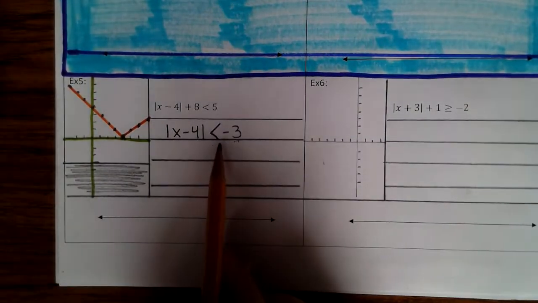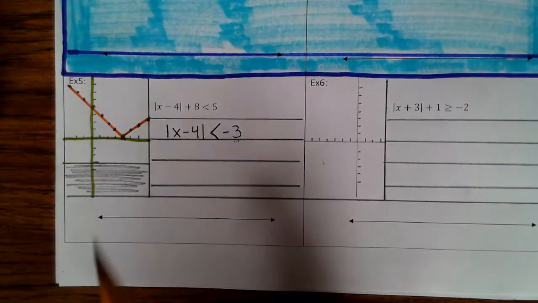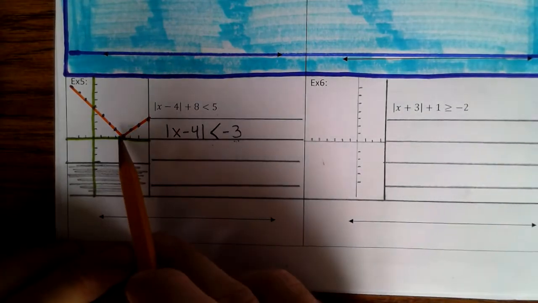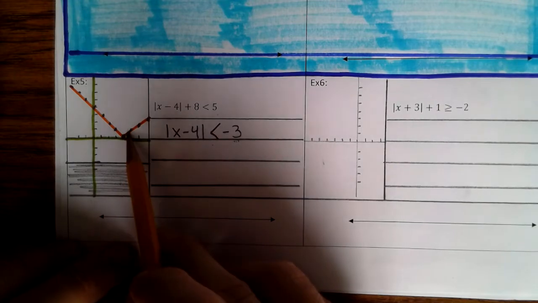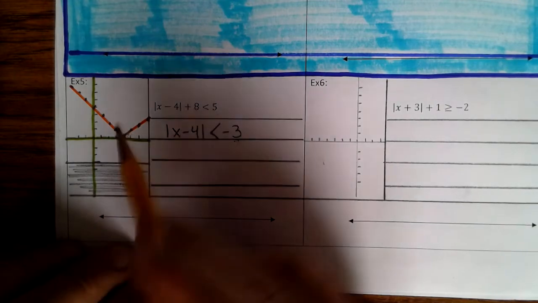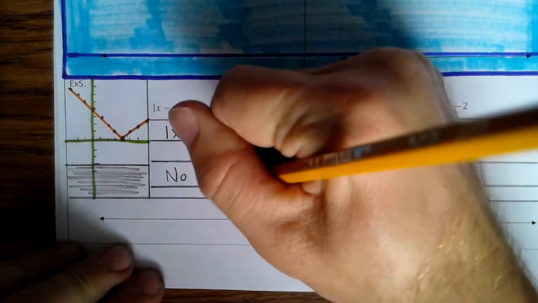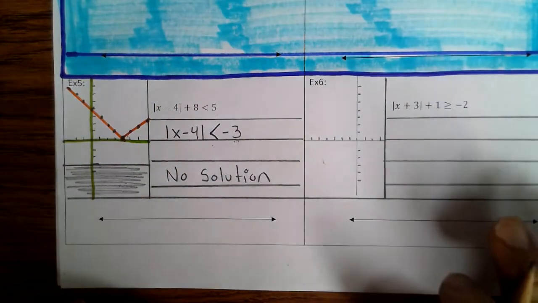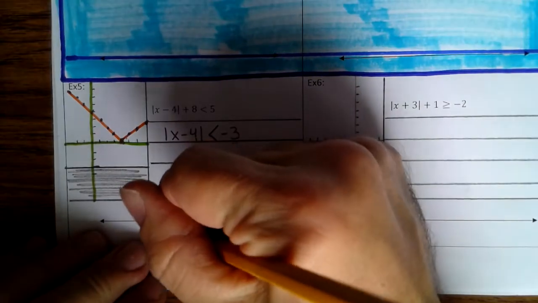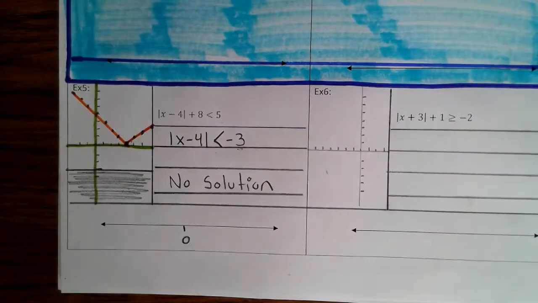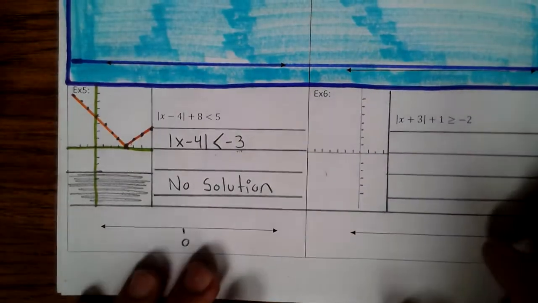So it's less than negative 3. And you can see here, at no point is the shaded region overlapping the absolute value. So this would be no solution. And then when you graph that on the number line, you leave the number line blank. Okay, you don't shade anything on the number line.